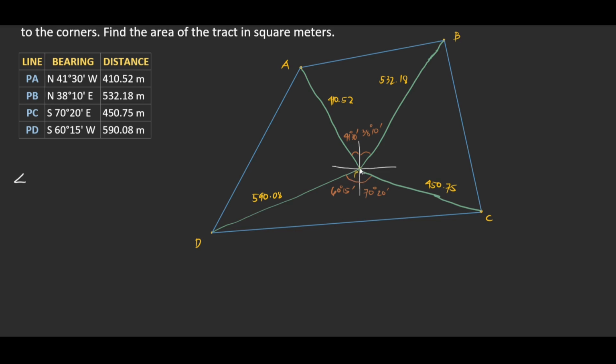So this is point P. So APB, angle APB is equal to 41 degrees 30 minutes plus 38 degrees 10 minutes. Okay, so that will be equal to 79 degrees and 40 minutes.